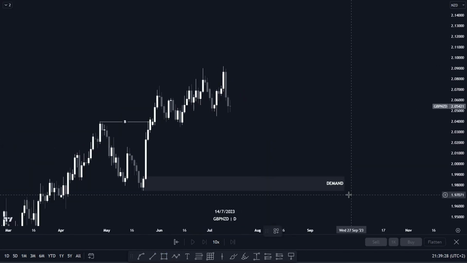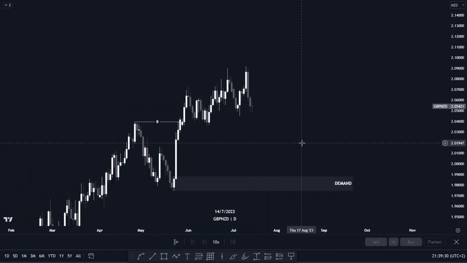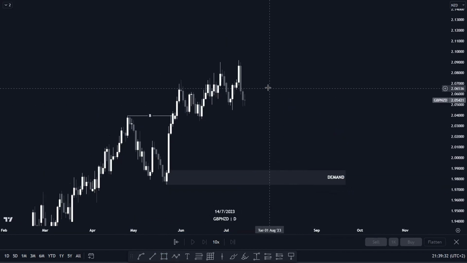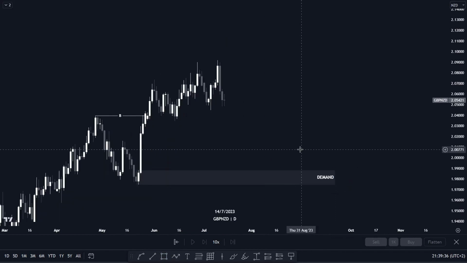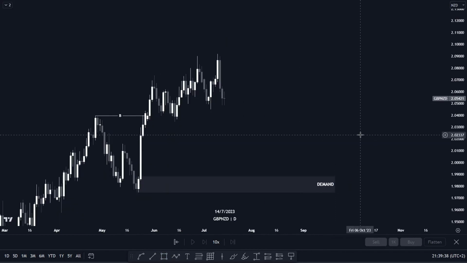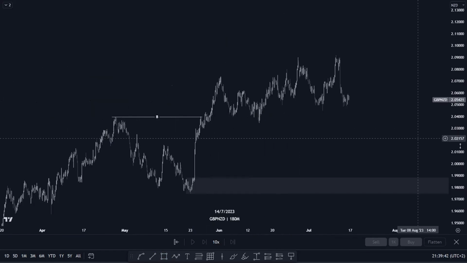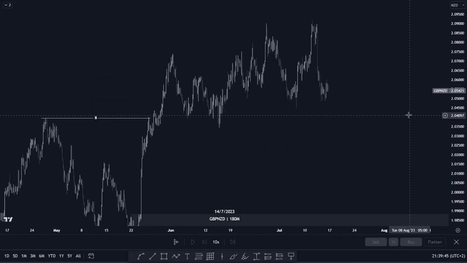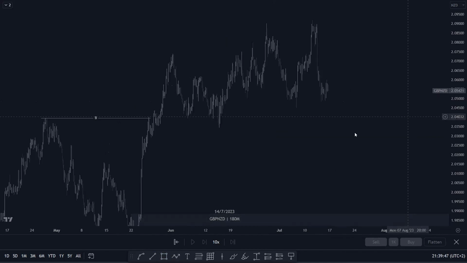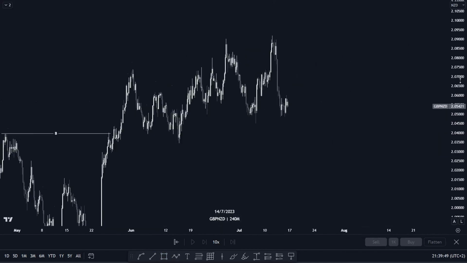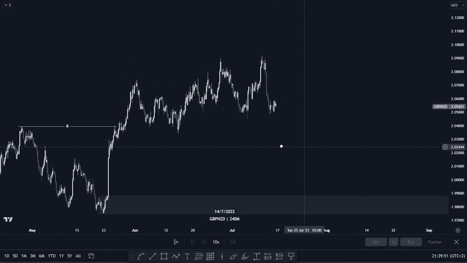Since this is the daily time frame and it's going to take a while for price to approach our daily demand zone, what do we do? We scale into our lower time frame, and here on our lower time frame, we're going to look for our change of characters to push price to the downside.